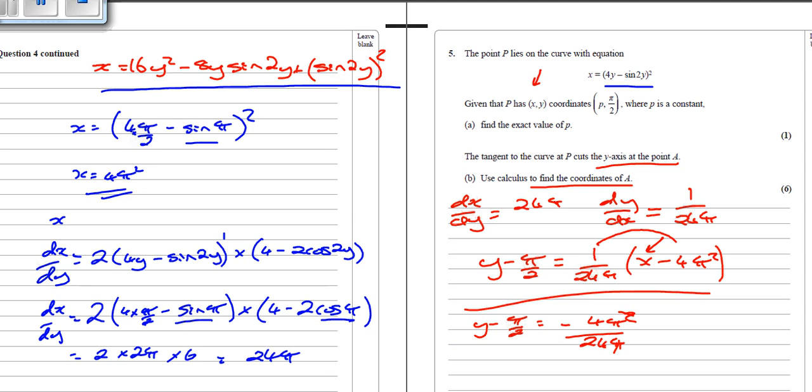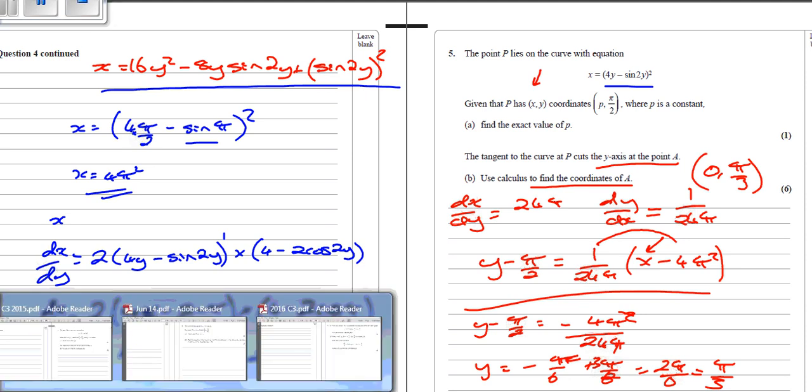So you're going to have y equals minus 4 over 24, which is minus 1/6 of pi, so pi over 6, plus pi over 2. So if we make those both pi over 6, it's going to be 3 pi over 6 minus pi over 6, equals 2 pi over 6, which actually equals pi over 3. Obviously that's the y-coordinate. So the x-coordinate we know is 0, and the y-coordinate is going to be pi over 3.